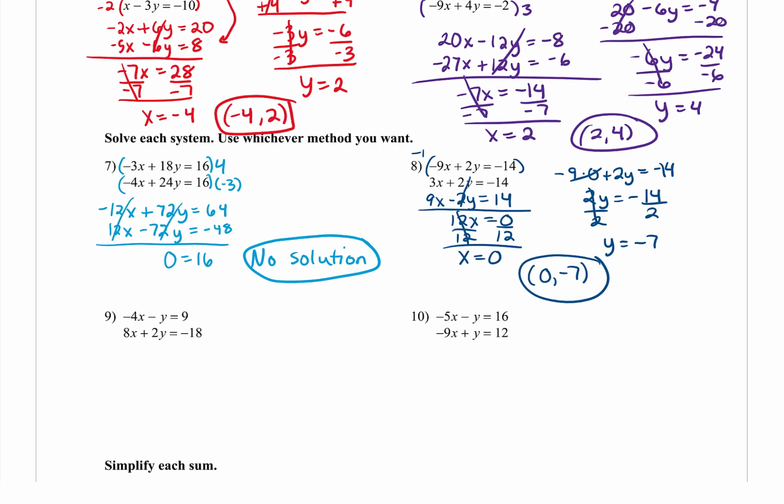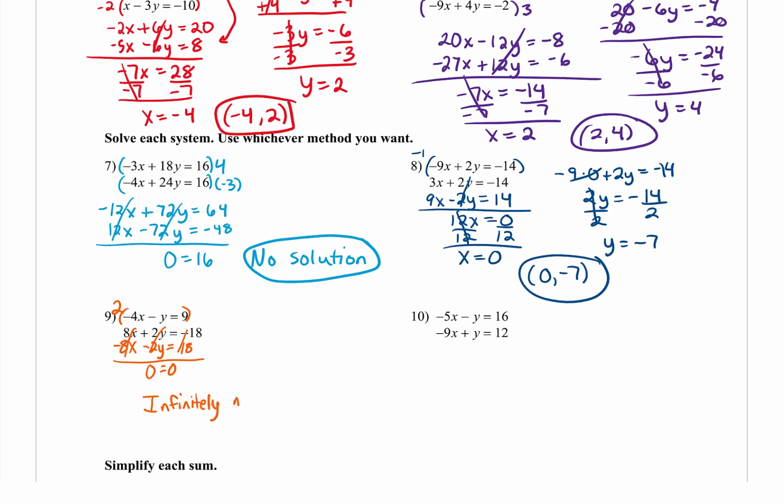This next one, let's see. Trying to get a 2 in front of the y's seems like a good idea. So multiply the first equation by 2, which gives me -8x minus 2y equals 18, and oh no, that's 0 equals 0, which is infinitely many solutions.